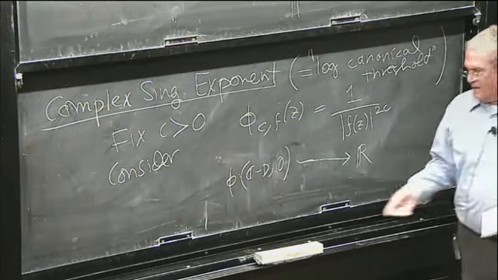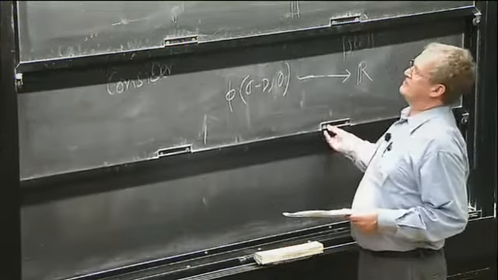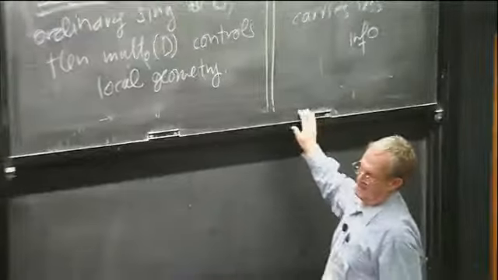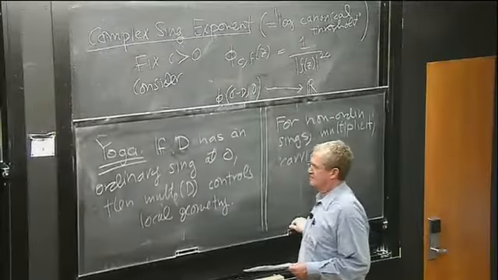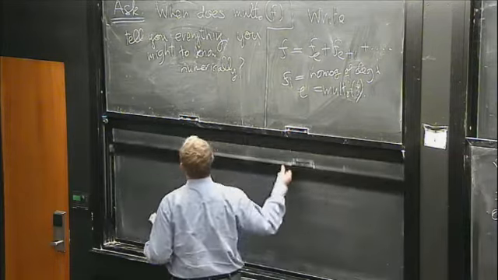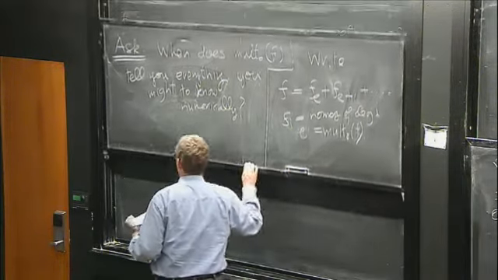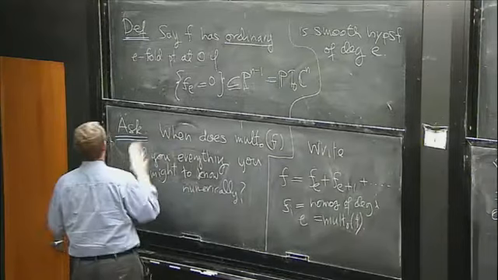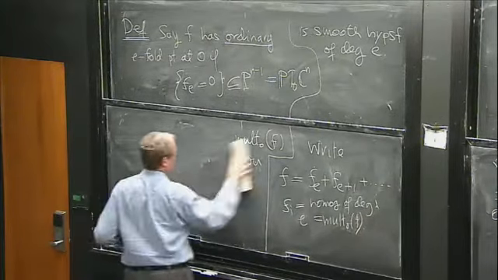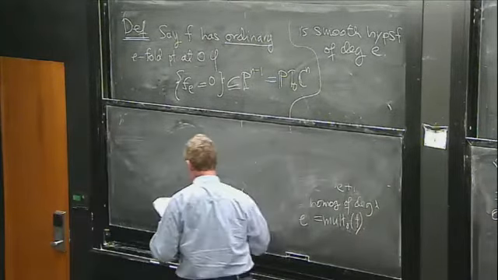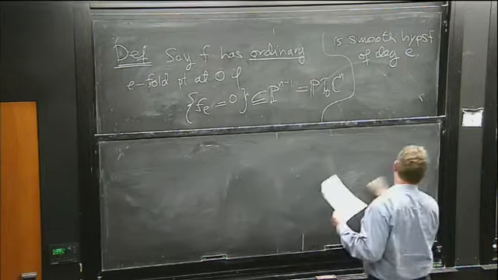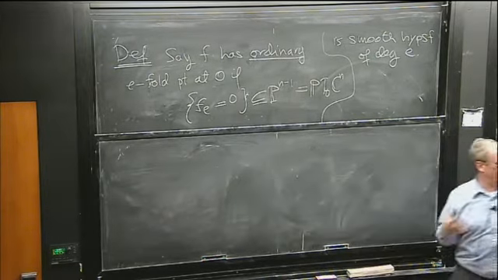But now the intuition is that we can try to measure how serious the singularities of f are by asking how quickly this blows up near f equals 0. And one way to measure that is by asking when this function is integrable.